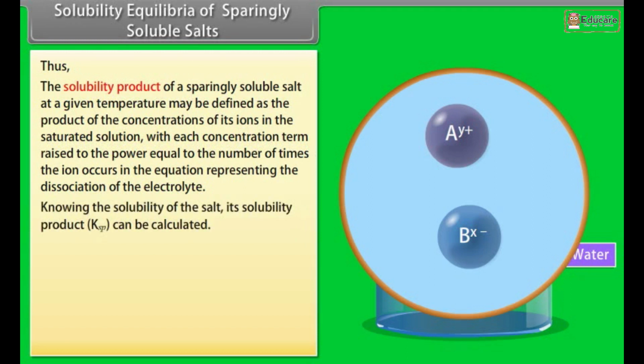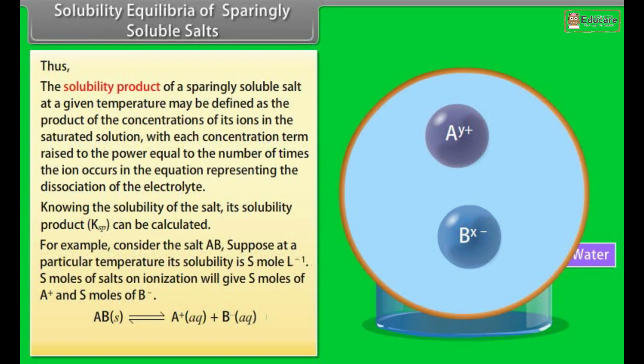Knowing the solubility of the salt, its solubility product can be calculated. For example, consider the salt AB. Suppose at a particular temperature, its solubility is S mol L^-1.